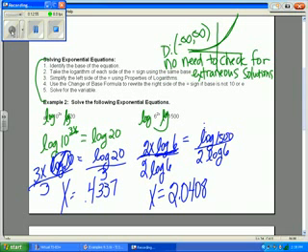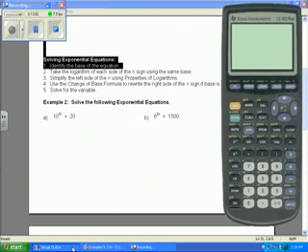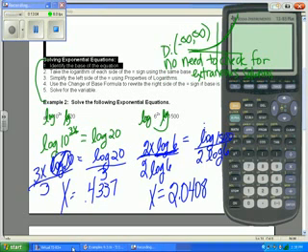Okay, but let's pull up the calculator and talk about how to put this in there. I want to put in here log 1500 divided by 2 log 6.